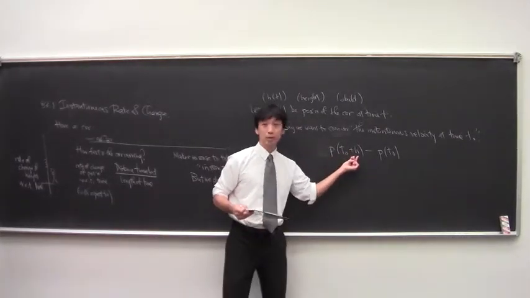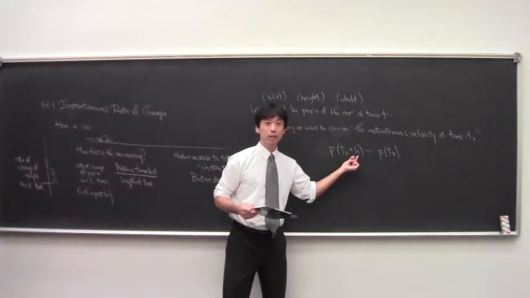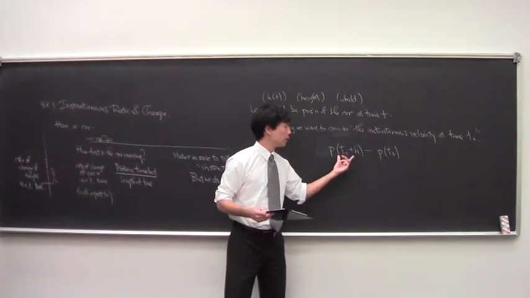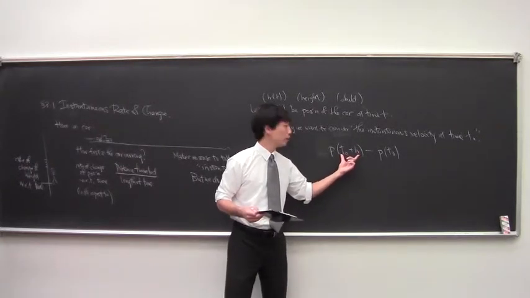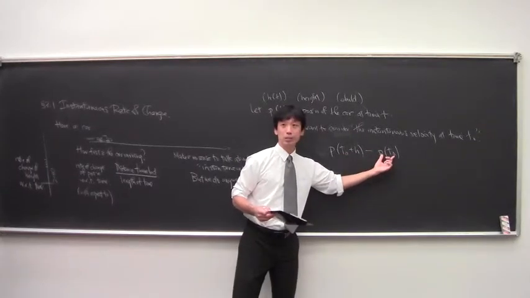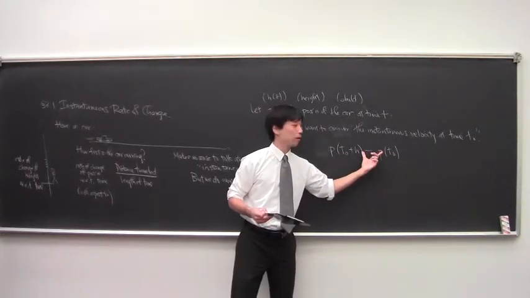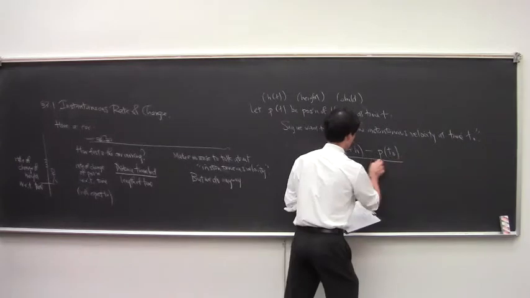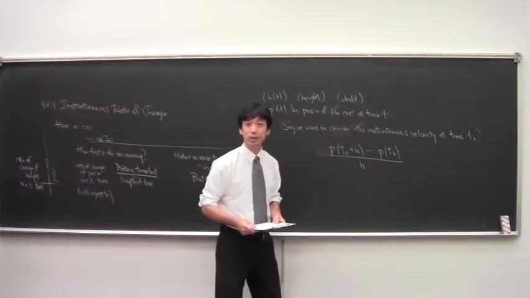You take some small time interval h. Say it's 1 minute: I'm going to take my time t naught and add on 1 minute. So noon, 12:01, position at 12:01 minus position at 12. So over that 1 minute, I'm going to divide by the length of the time period.